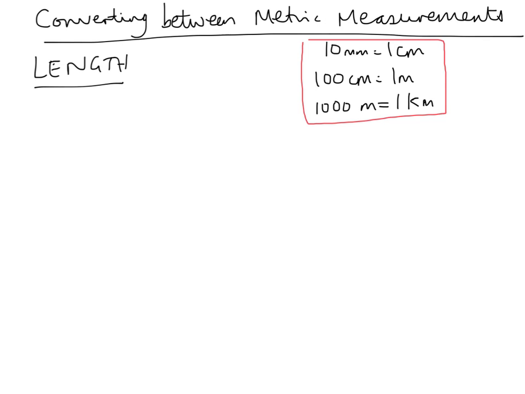So if I've been given a measurement in kilometres and I would need to convert it into metres, it's going to get bigger because you get more metres than you would kilometres. So to go this way, we're going to multiply, and then to go from kilometres to metres, for example, I'd times by 1,000.